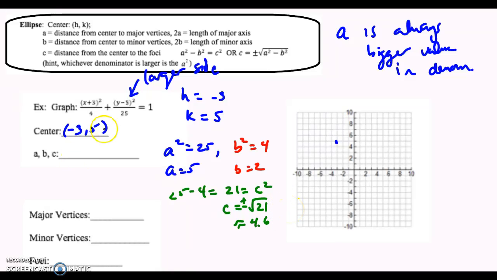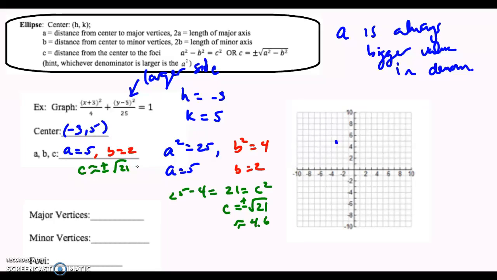So again, a is 5, b is 2, and the c value is going to be about 4.6. We'll call it the square root of 21 plus and minus.